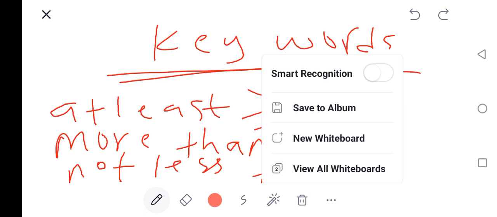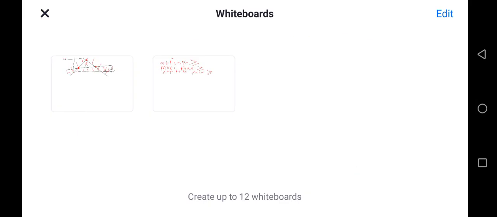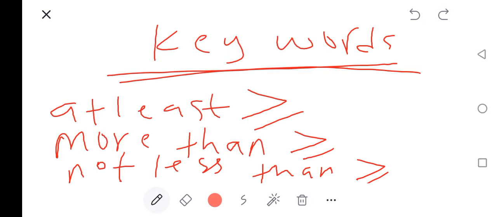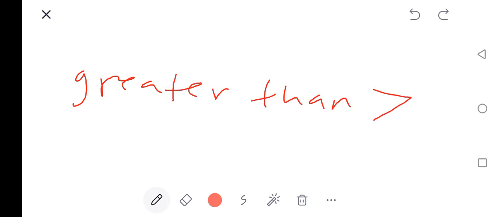And then, when you see the word greater than, it means greater or equal to. So those words, they represent greater than or equal to. They are saying, can you put that symbol for greater than or equal to?